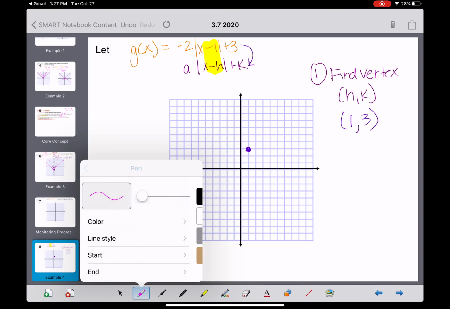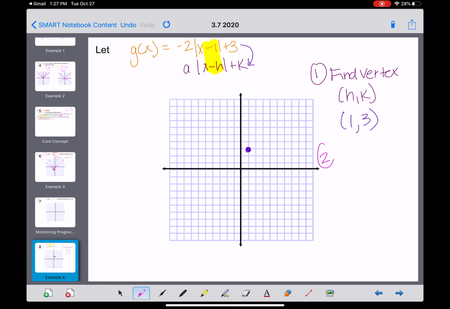The a value is going to help me decide my rate of change or how the graph moves. My a value is negative 2. That tells me two things: that I'm going to reflect across or upside down, and that 2, I'm going to have a slightly more steep line.